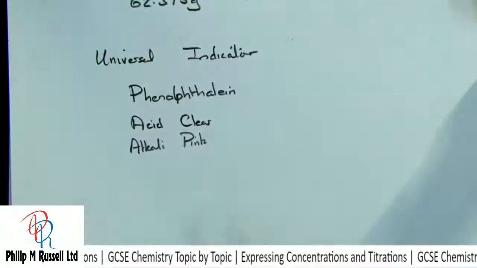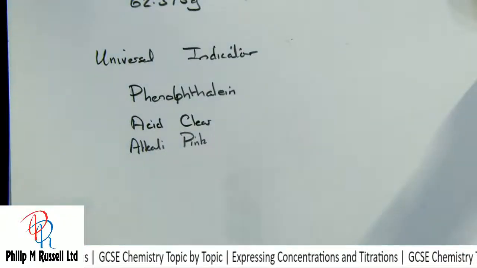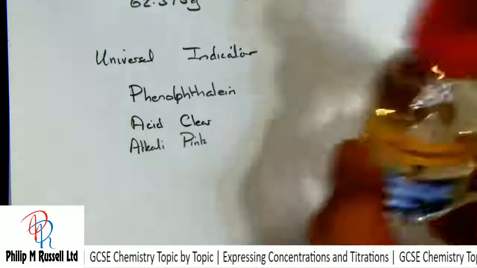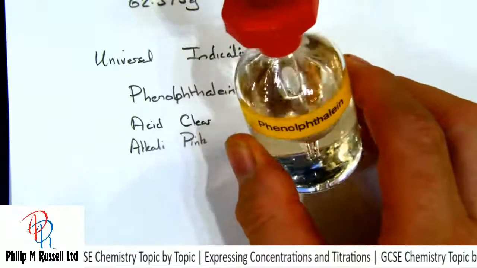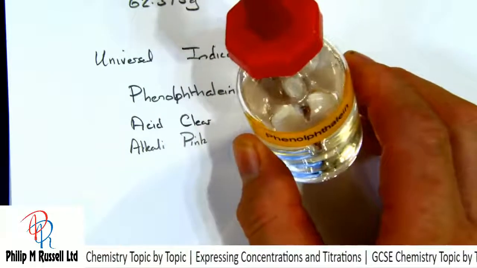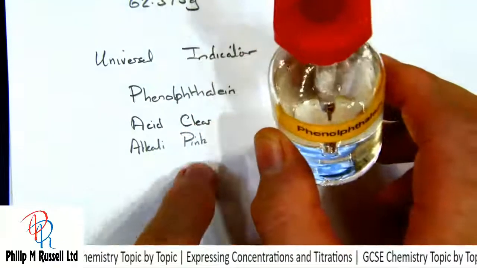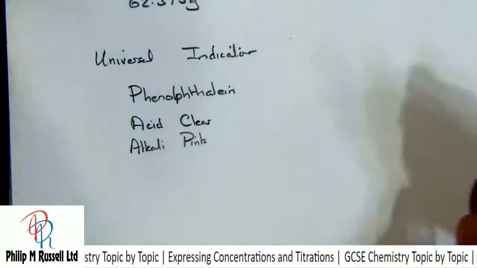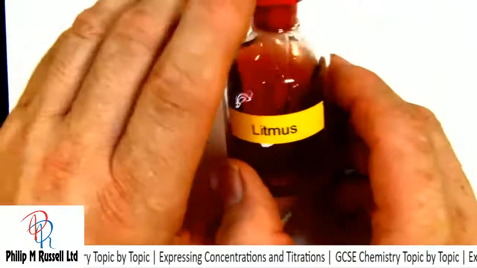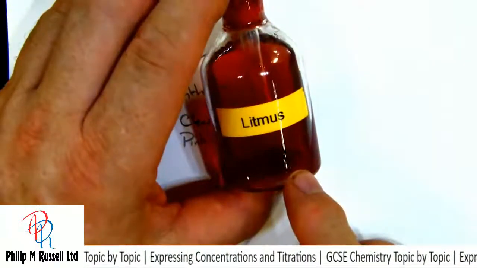Now, sometimes when I'm doing this experiment, I do cheat and use different indicators. Today I'm going to use phenolphthalein, but other times I might use one that goes from clear to blue. Another one that you might be familiar with is litmus.